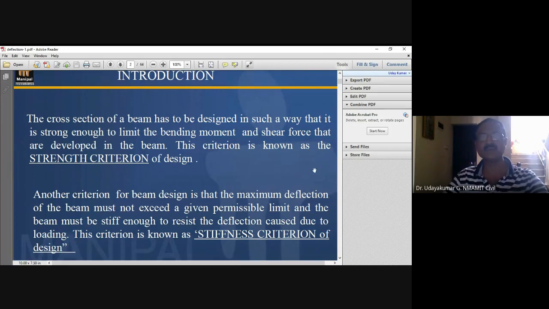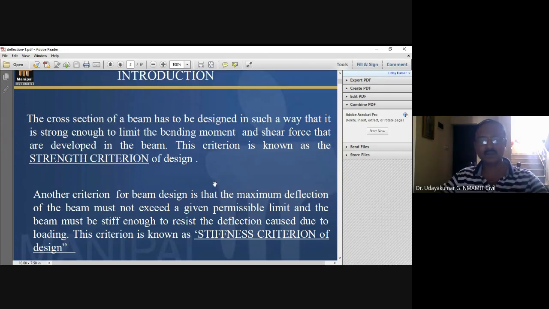This criterion is known as strength criterion. The section needs to be strong enough to withstand the bending moment and shear force. Another criterion for beam design is that the maximum deflection of the beam must not exceed a given permissible limit. The beam must be stiff enough to resist the deflection caused due to the loading. This is called stiffness criteria.